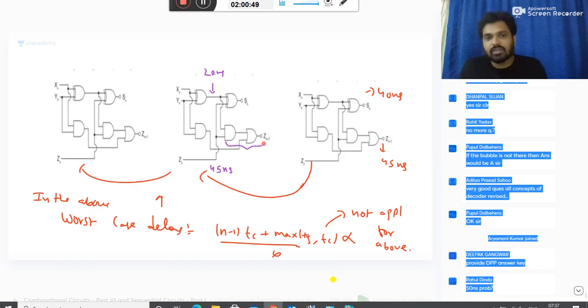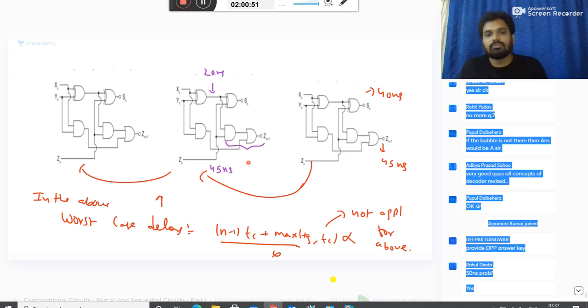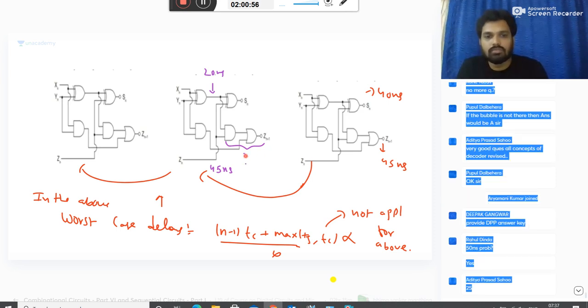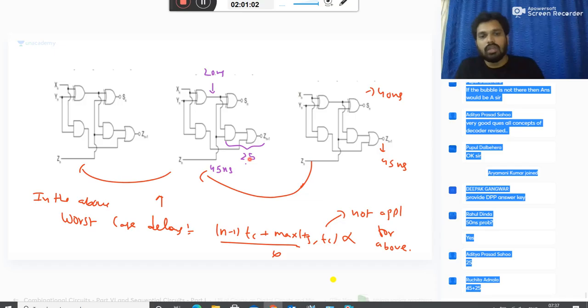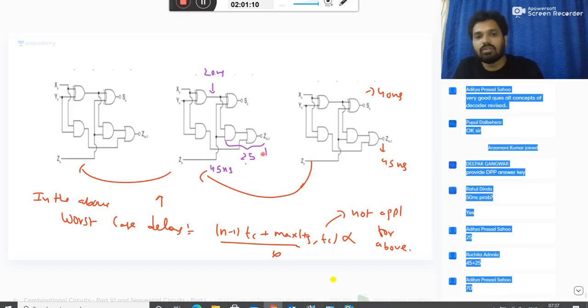So the remaining is 25. So here you should not count 45 plus another 45. In the worst case it should be 70.